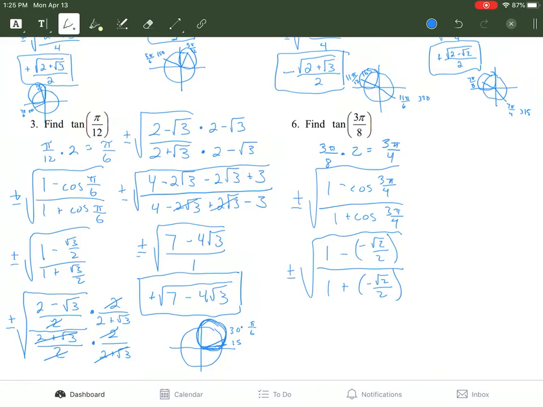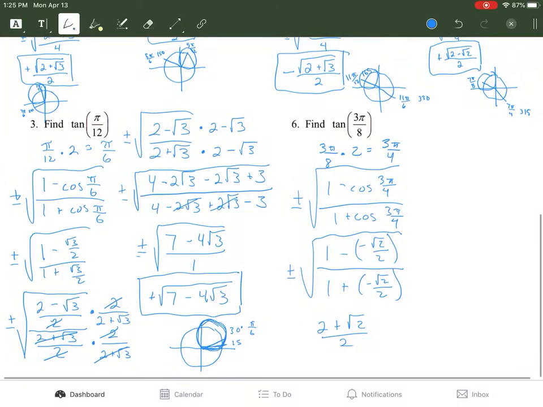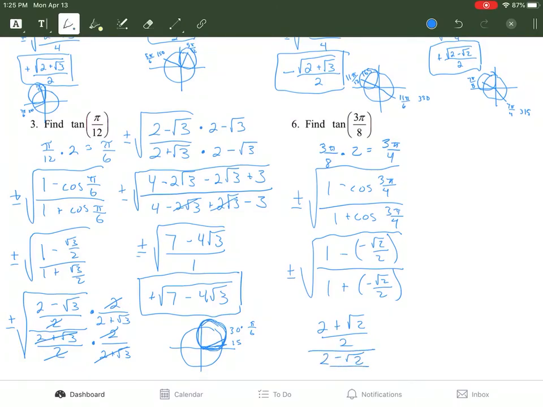We have to combine these fractions with a common denominator of 2. So we'll have 2 plus root 2 over 2. Notice it's plus because a negative and a negative is a positive. And on the bottom, we're going to have 2 minus root 2 over 2, not forgetting our big square root with a plus or minus in front of it.